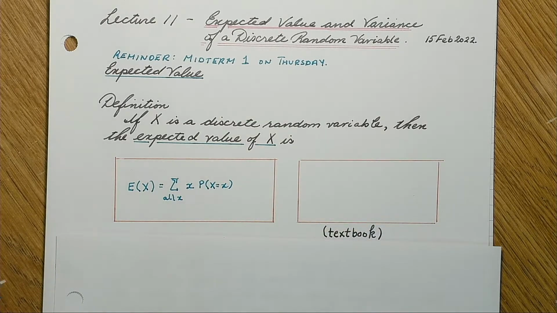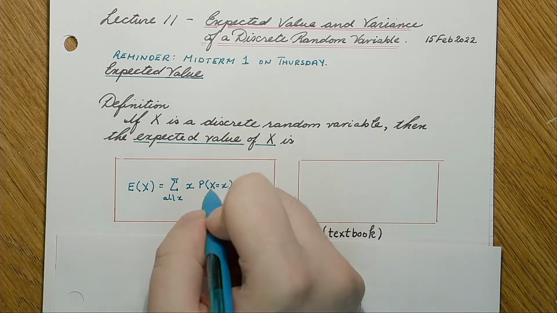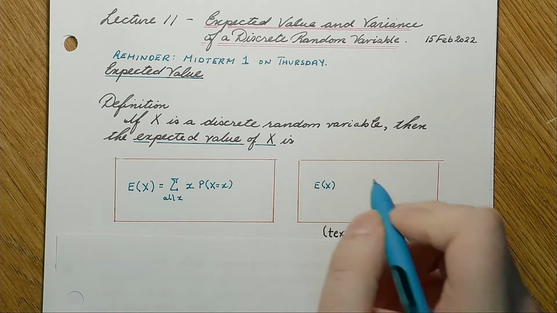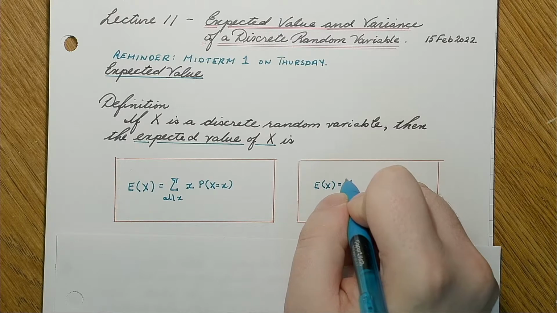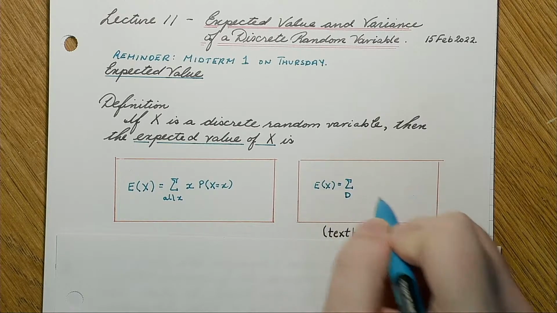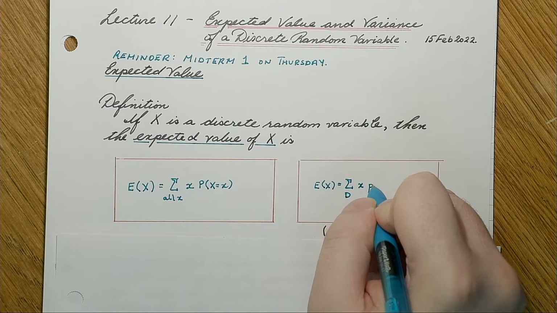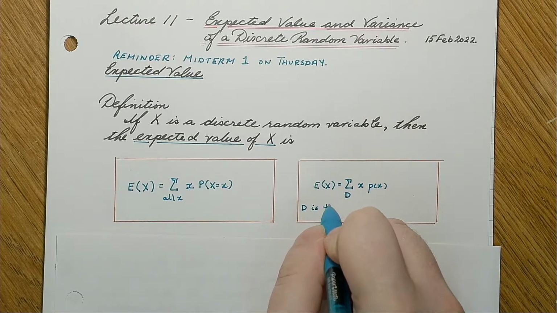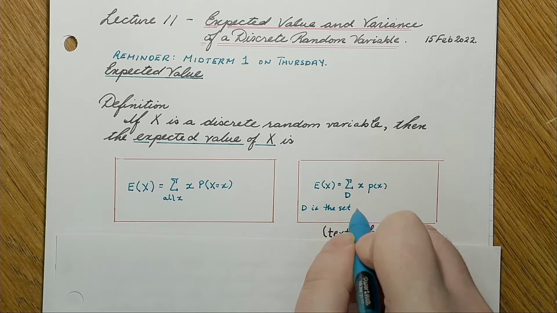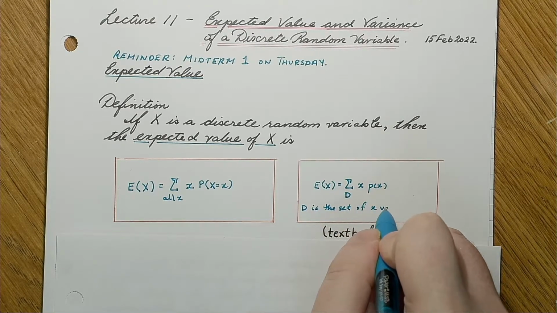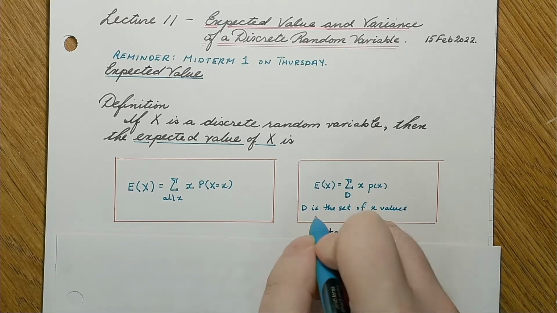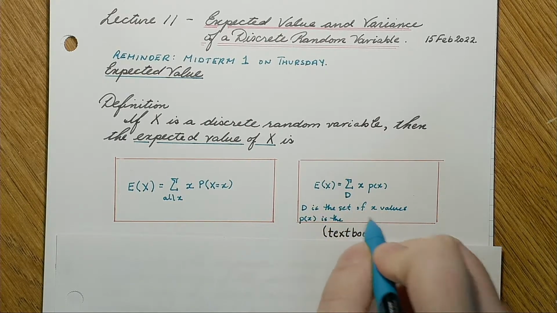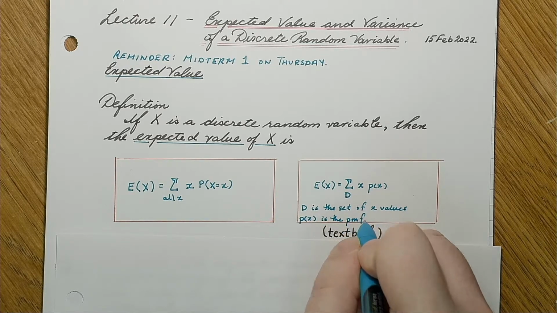Now in the textbook, they don't usually use this kind of notation. They're usually writing it something like this, where they write d, and then they have x times p of x, where d is the set of x values, and p of x is the probability mass function.